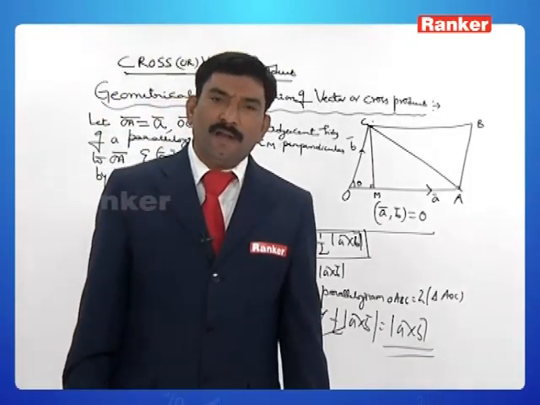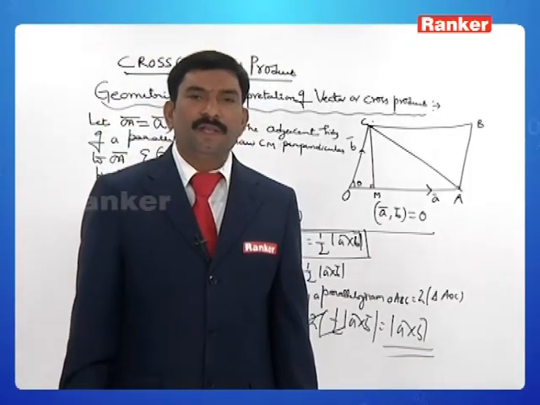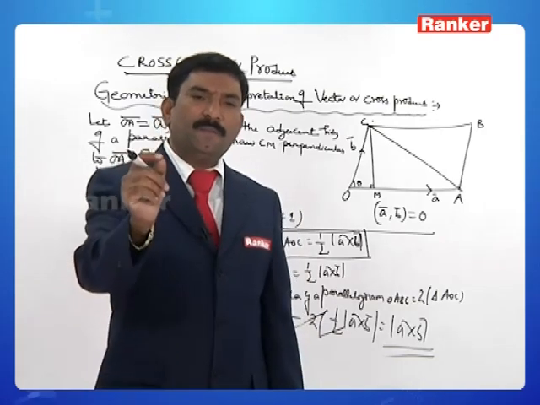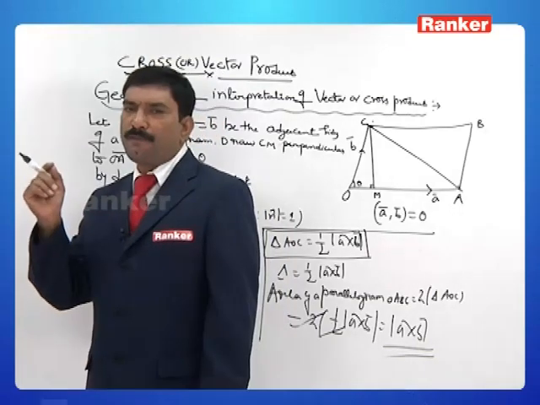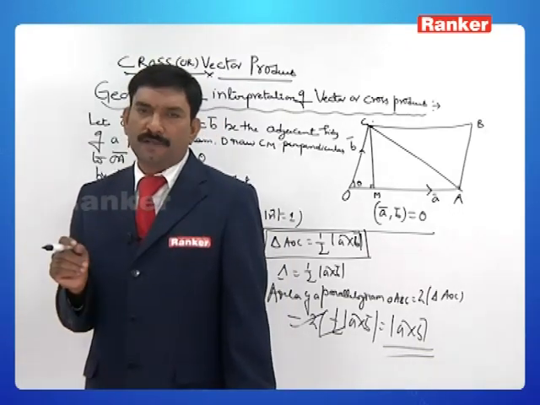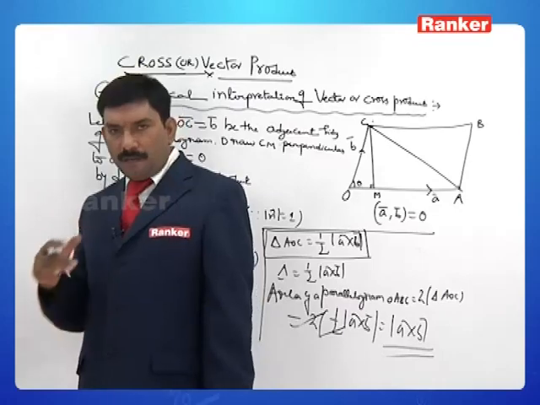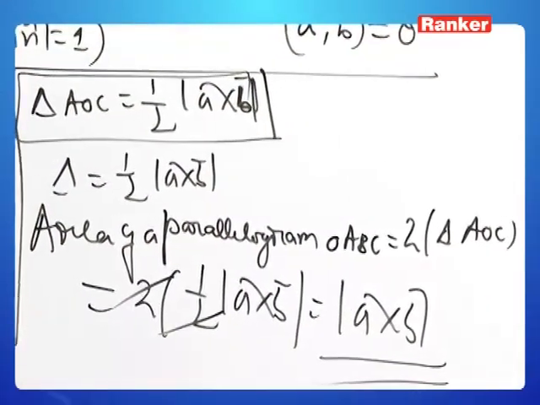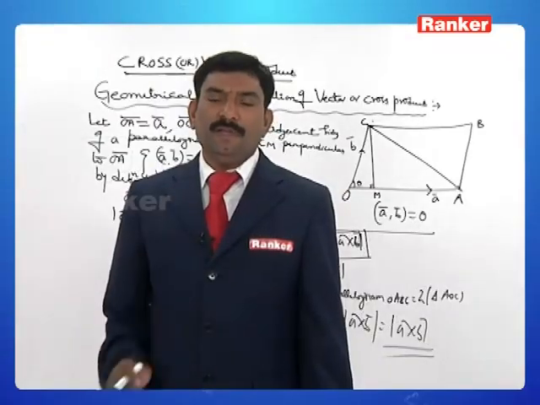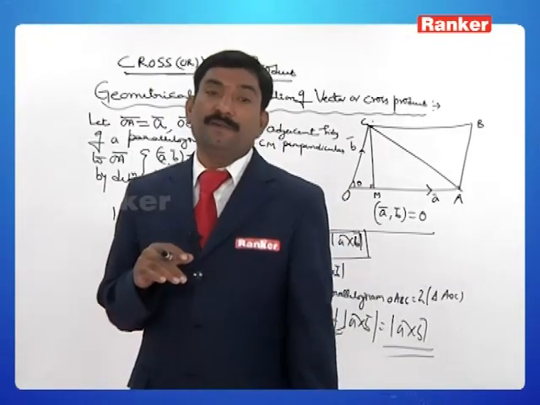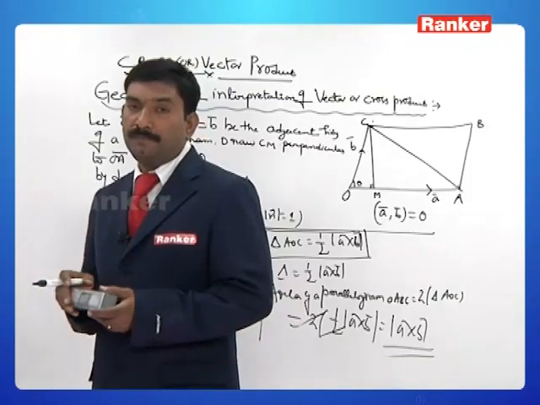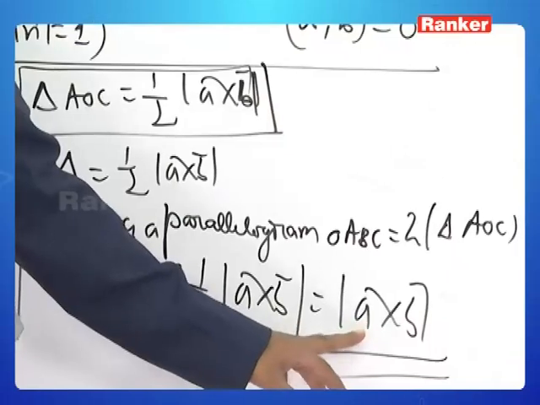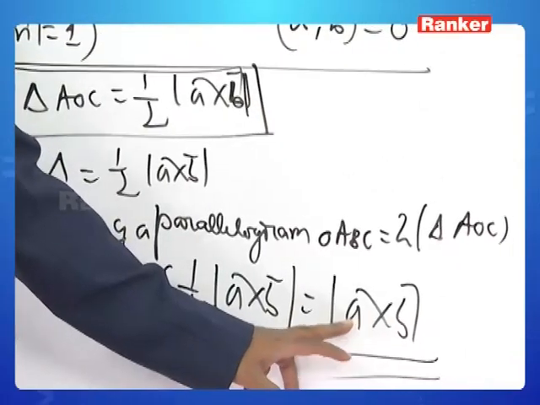What we have arrived at as the conclusion is the geometrical interpretation of the cross or vector product. When A bar and B bar are adjacent sides of a parallelogram, the area of the parallelogram is modulus of A bar cross B bar.